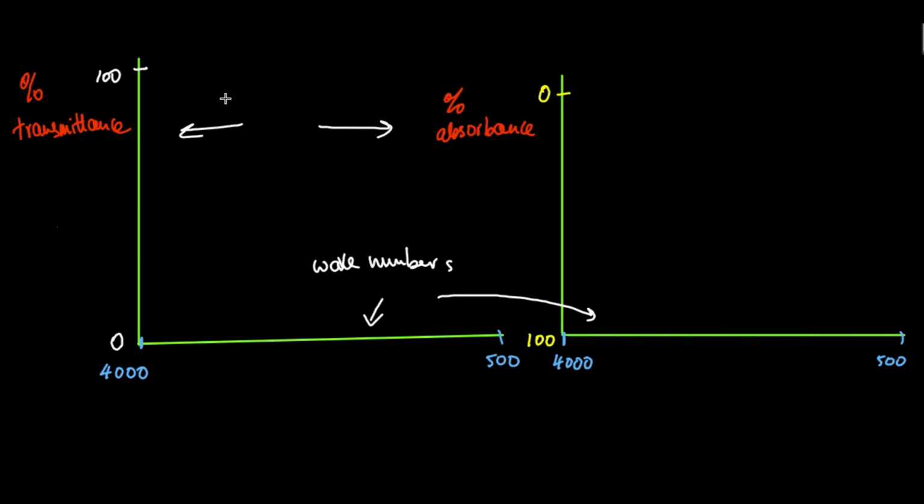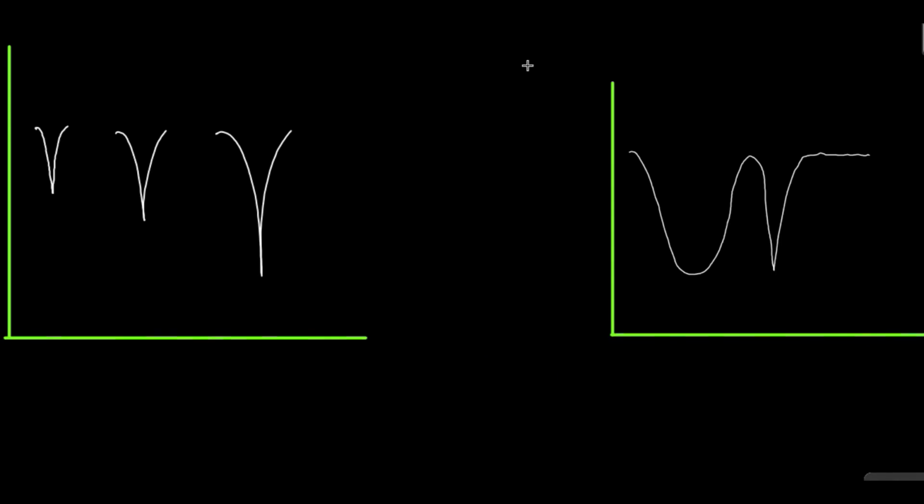So this is something to notice. Make sure that you always see what the y-axis represents and what it is labeled as, okay, when you are answering questions in the exam. Now to look at the IR spectrum in more detail, we have to study some of the peaks that can show in the exam. Let's look at the graph on the left hand side first. Now the first one, this one, is basically a weak peak.